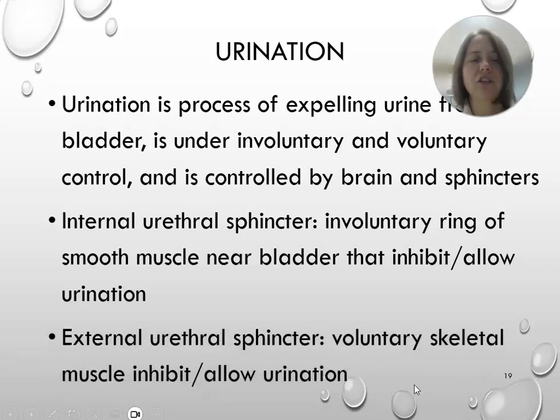And the external urethral sphincter is on the outside of the internal one, and that is not made of smooth muscle. It's made out of skeletal muscle, which means it's voluntary control. And so this will also close to inhibit, open to allow urination, but this one you control.